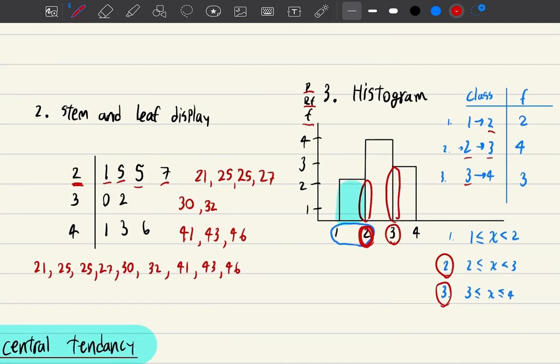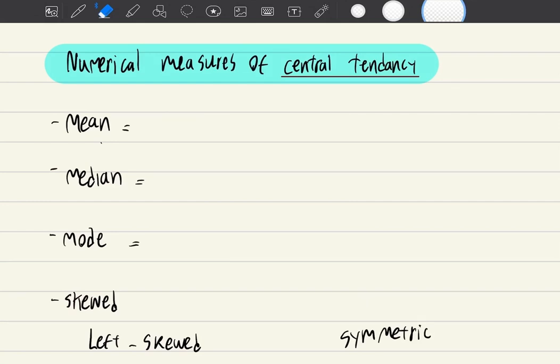So let's move on to the next one. The last one for today is numerical measures of central tendency. The central tendency is a measure that identifies the center of a dataset.